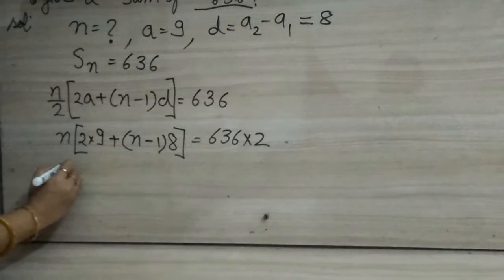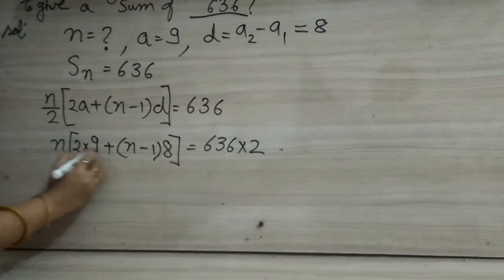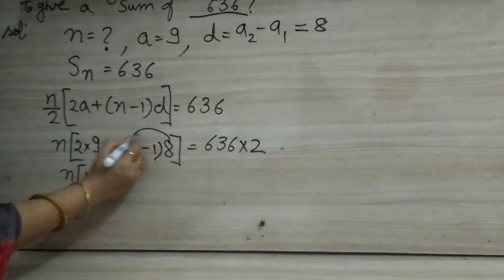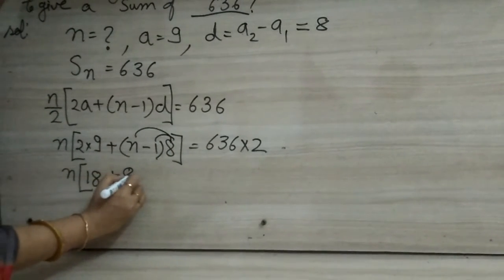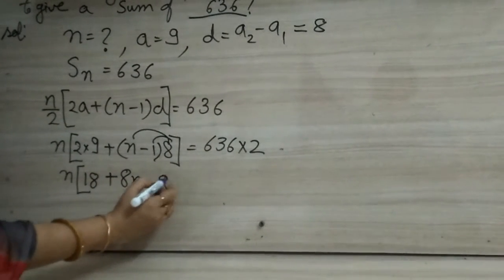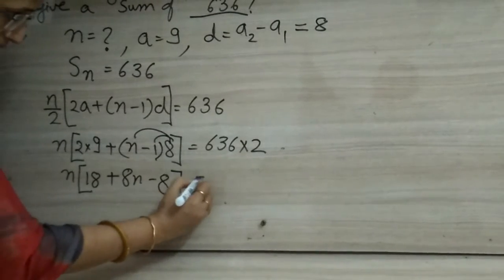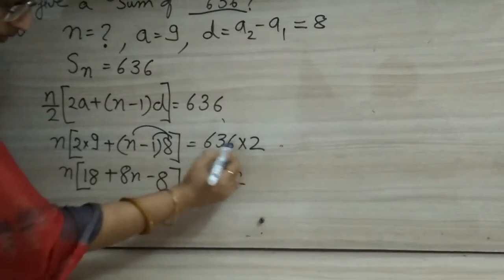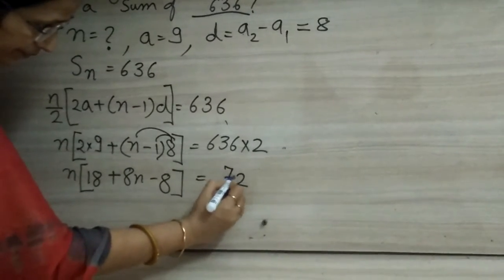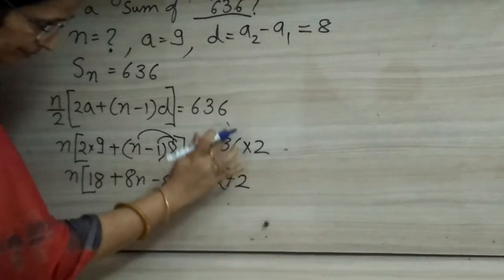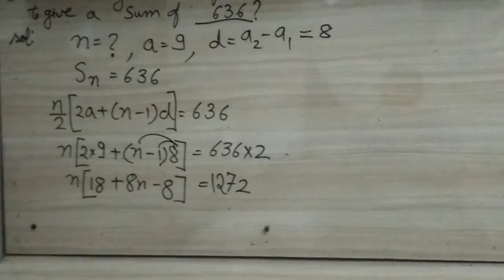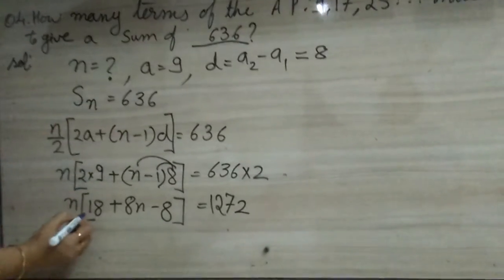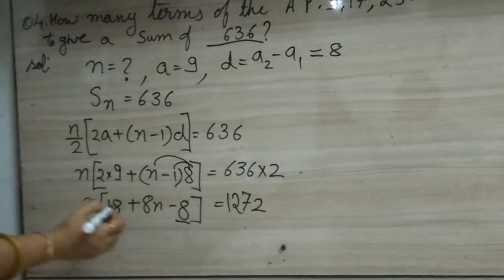Now I will write it as it is. Again I will multiply, so it will come as 18 plus 8 into (n minus 1). We multiply in both the numbers. Then again we can solve 18 minus 8.